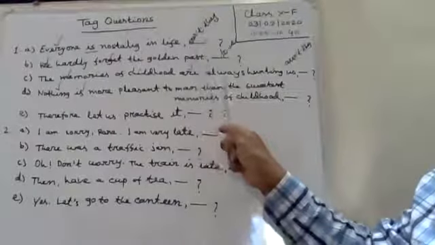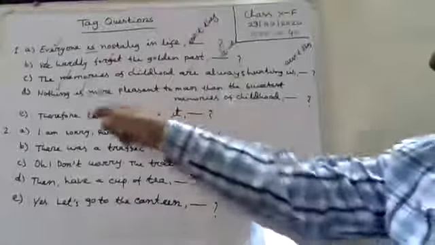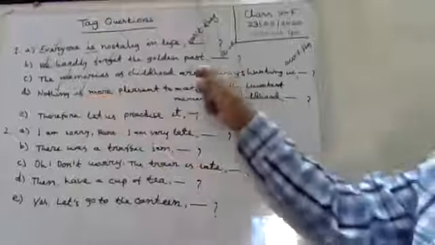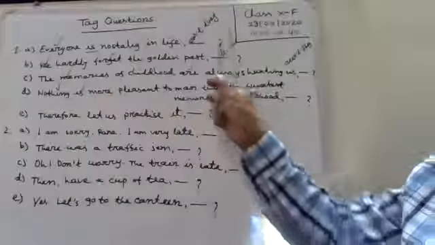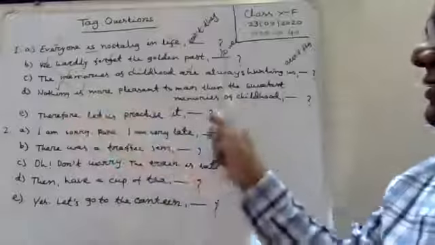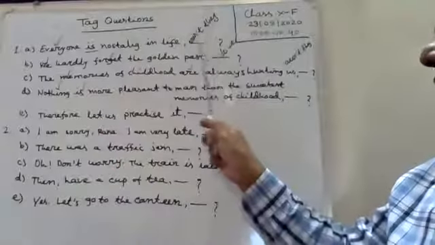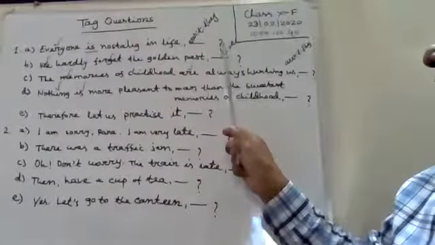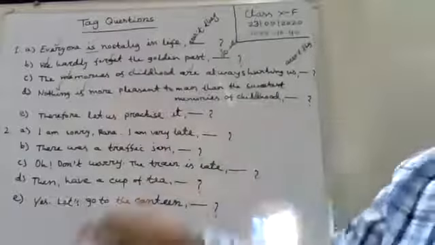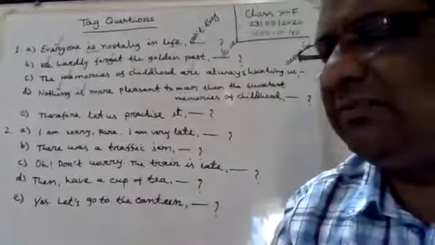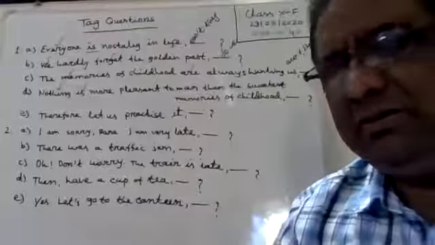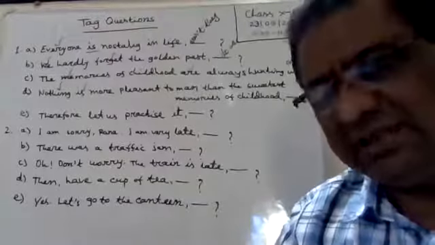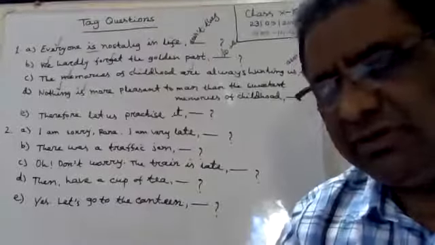Then you will have the underline. Then you will have the question mark. That means you have to write the full form: the sentence in the question and your answer. After your answer, you will have the underline, then you will put a question mark. That will be the correct full answer and the right procedure to write the answer.